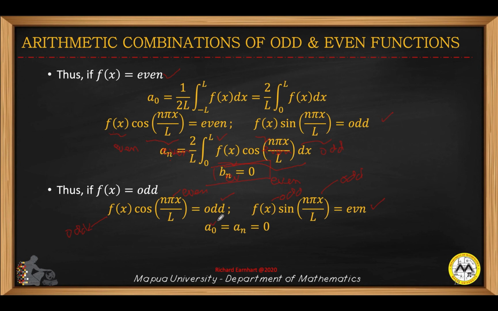It follows that a sub o and a sub n will automatically be 0 when you have an odd function. We just evaluate b sub n from 0 to L, multiplied by 2 over L, f of x sine n pi x over L dx. So the Fourier series will contain only the sine function, and for an even function, the Fourier series contains only the cosine function.